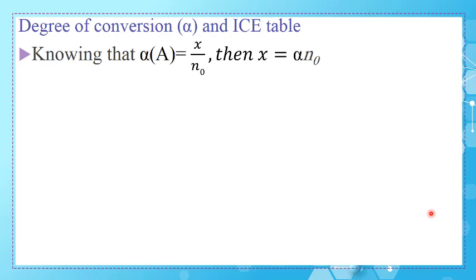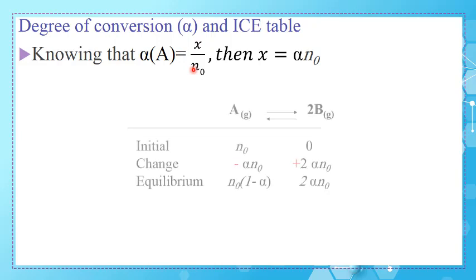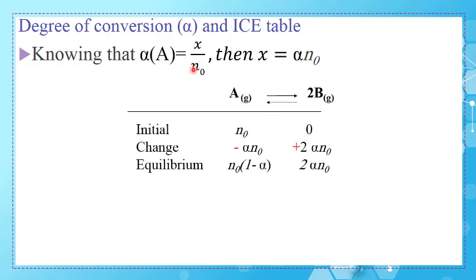Now, what about the degree of conversion and the ICE table? Because sometimes they ask us to consider it or apply it in a table. Knowing that alpha of A equals X over N0, as shown previously, then X will be equal to alpha times N0. Look at this ICE table. Initially we have N0 of A, 0 of B. The change is minus X, as in the previous slide.